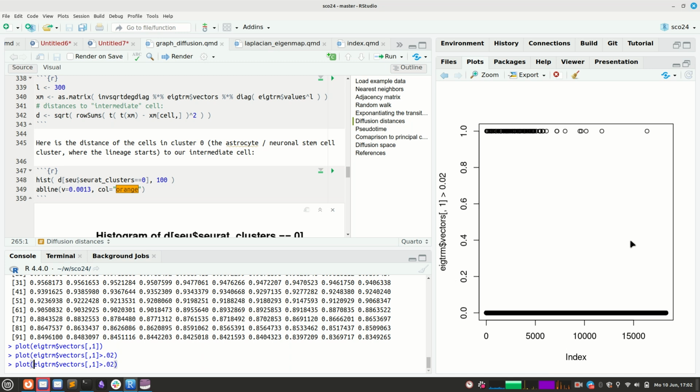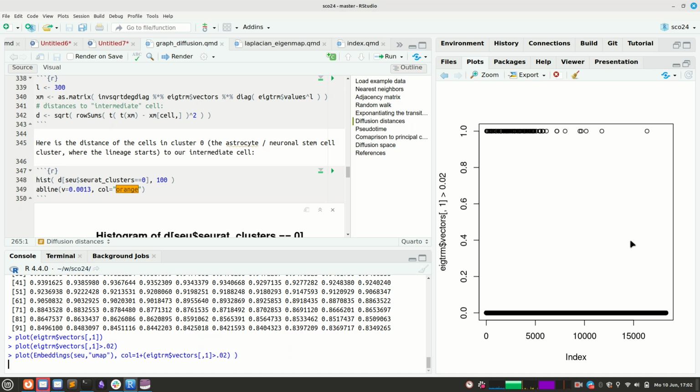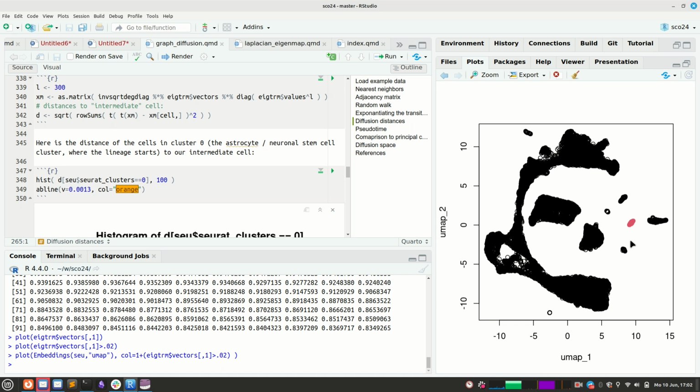Let me see if I can show you how this looks. I plot the UMAP embeddings and color by the first eigenvector. See if this works. Yeah.